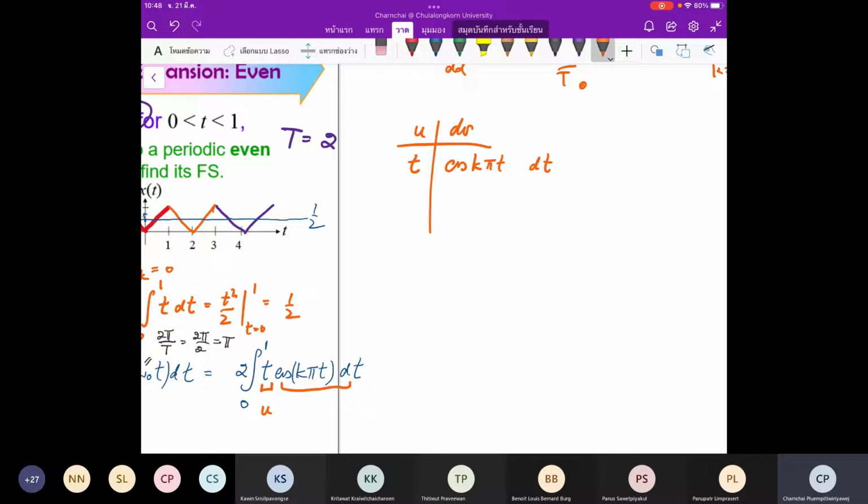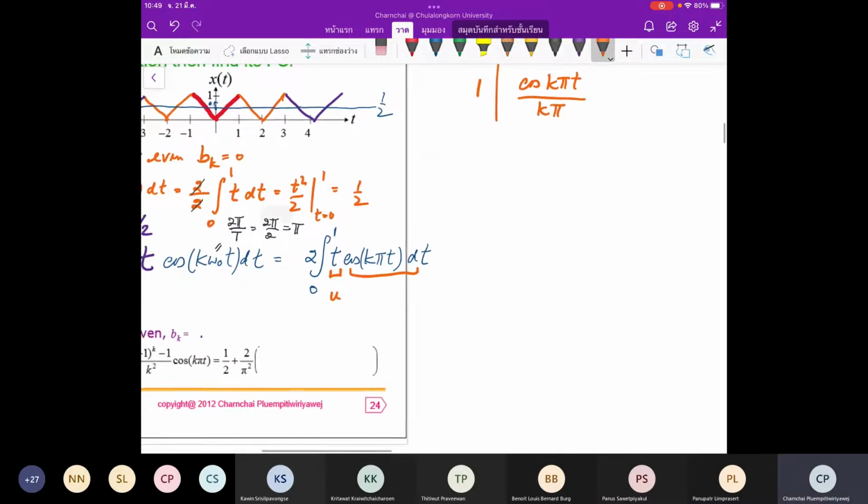For the u, you take the derivative. For the dv, you take the integral. We use the inverse to mean the integral. So the derivative of t is 1. The integral of cosine k pi t is sine k pi t over k pi.